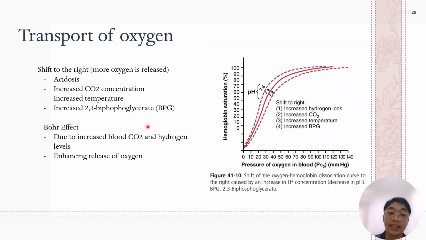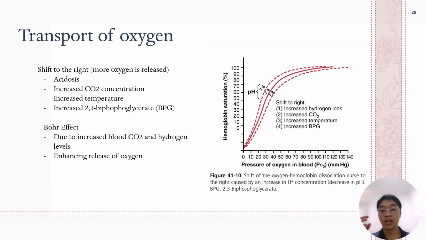Okay, so what is the Bohr effect? The Bohr effect is a concept in the transport of oxygen wherein there is a shift to the right, or as I mentioned, there will be more oxygen release if there is increased blood carbon dioxide and hydrogen levels. This is evident in our tissues.